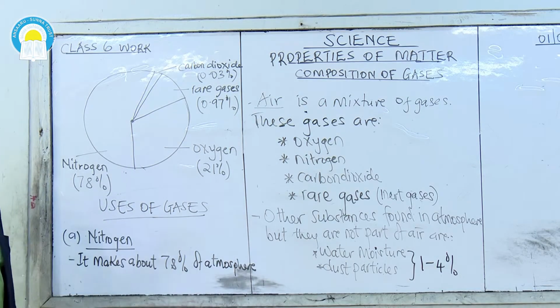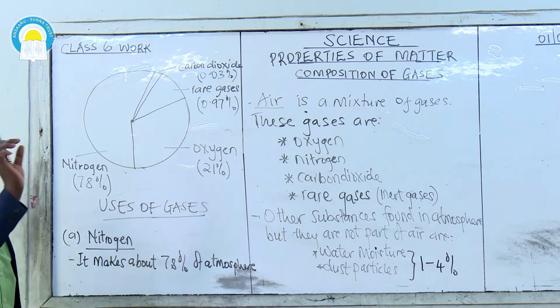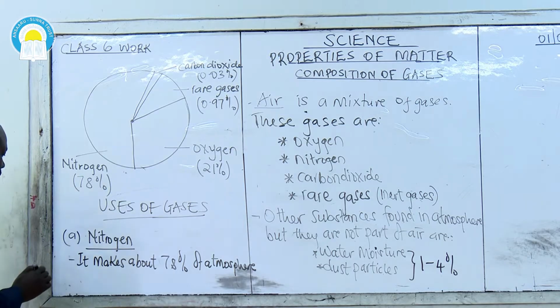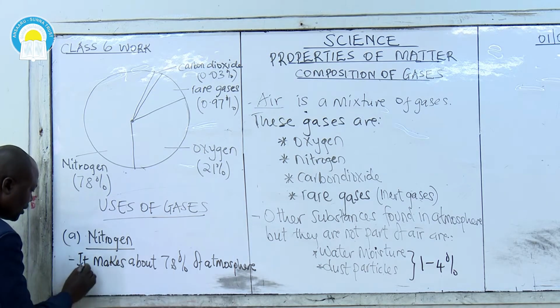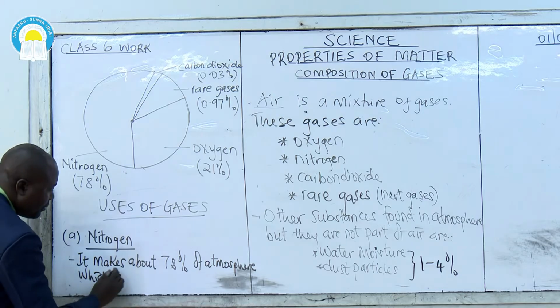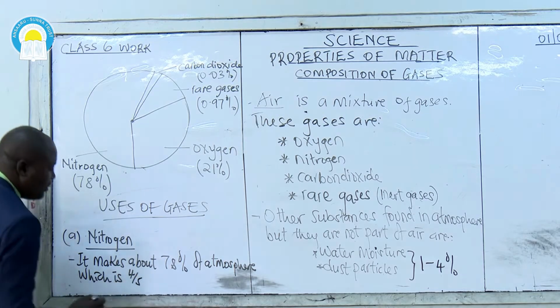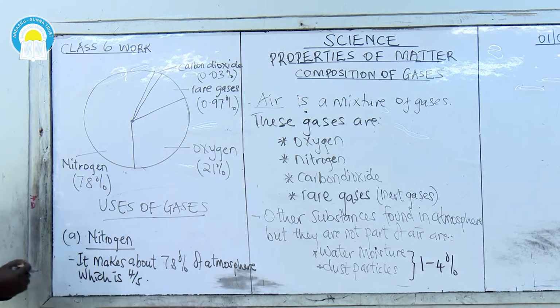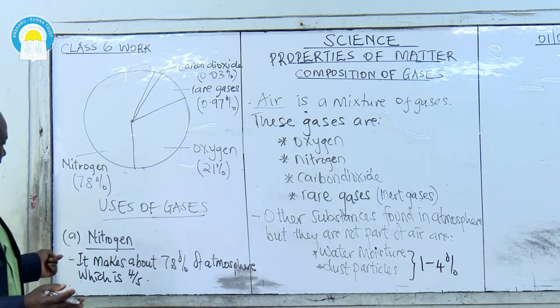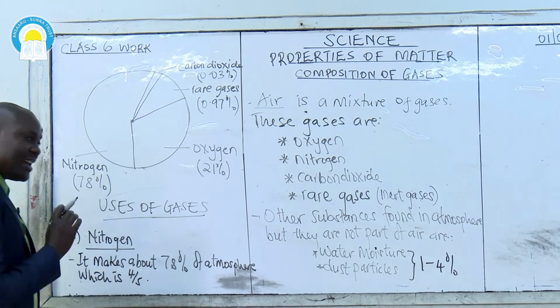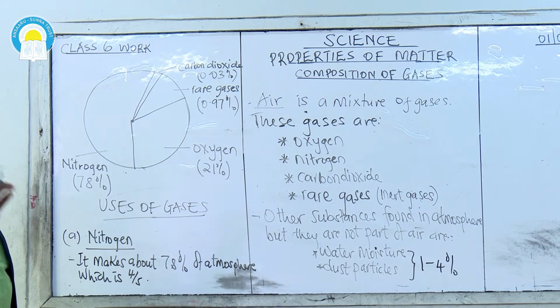This one can also be known as 4/5 of the atmosphere, which means it is the largest amount in volume.